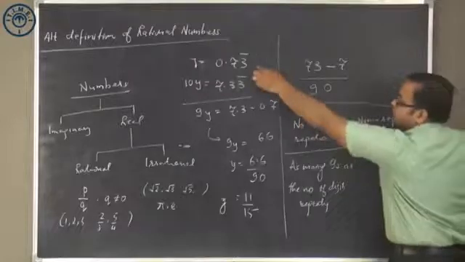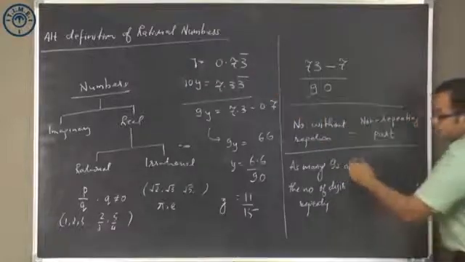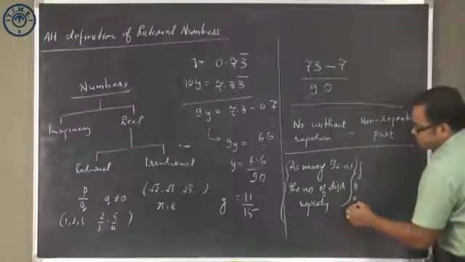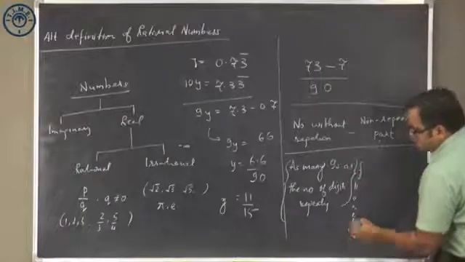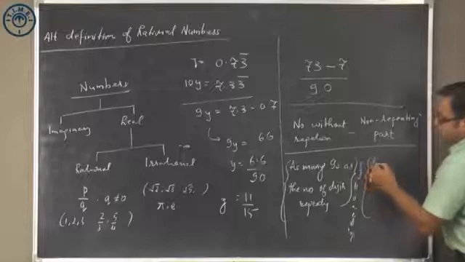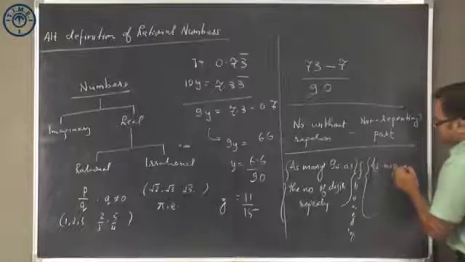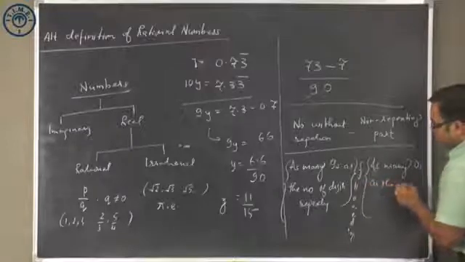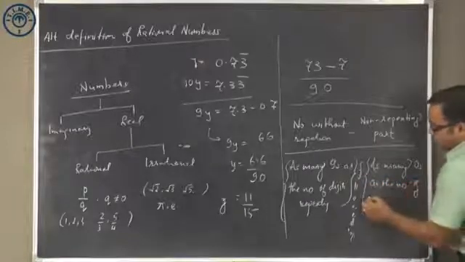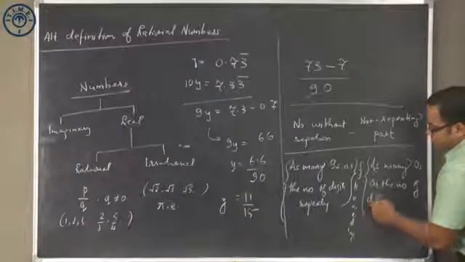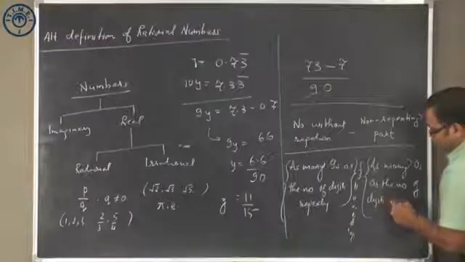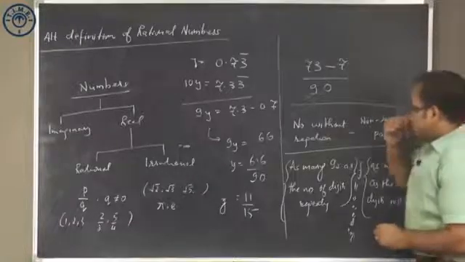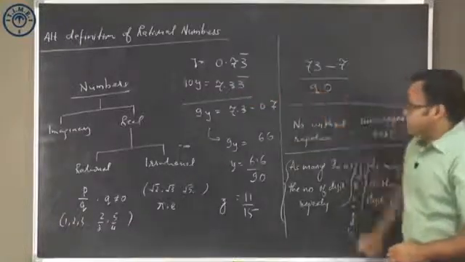Here, because there is only one digit repeating, I put only one 9, and this is followed by as many zeros as the number of digits not repeating. Because there is only one digit that was not repeating, 7, I put one 0 here.